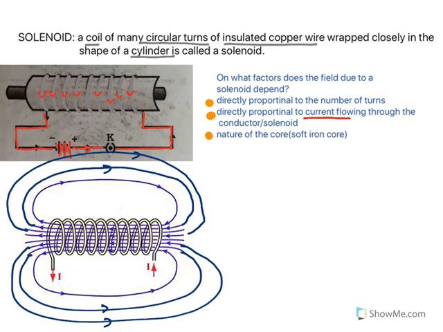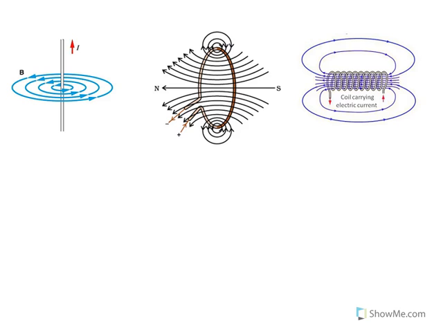The third point is that it depends on the nature of the core. If you put a soft iron core inside, we find that the magnetic field increases and gets stronger.